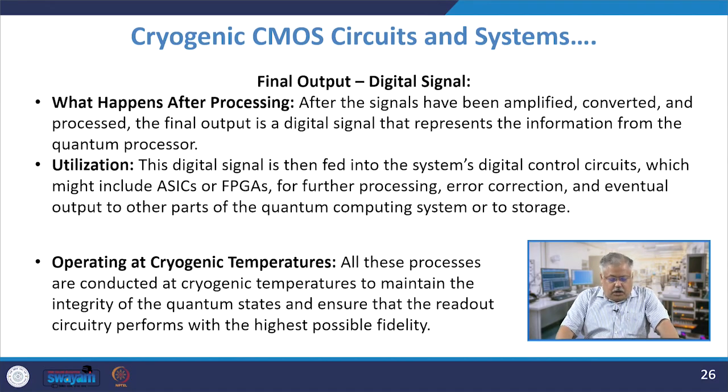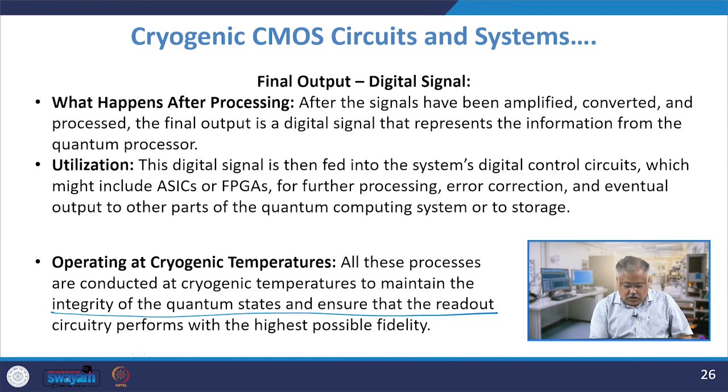Now, the digital output is then fed to control circuits, which might include, for example, an FPGA or an ASIC for further processing and error correction, and finally the eventual output may be sent to other parts for storage purposes. Needless to say, the integrity of the quantum states must be maintained and the readout circuit must perform with the highest possible fidelity, right.